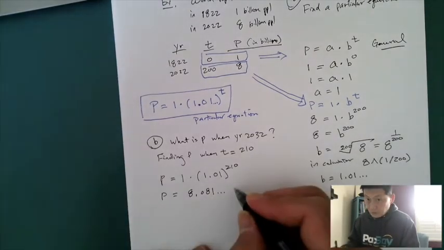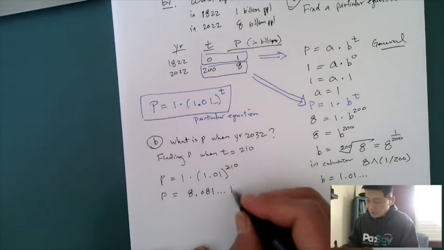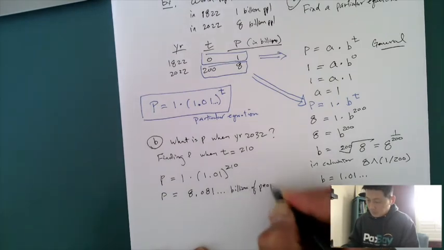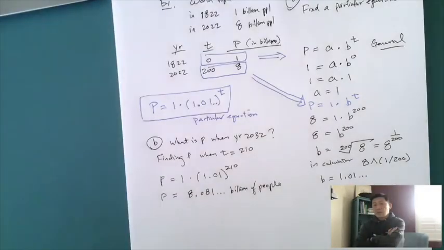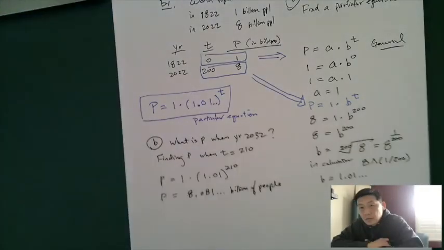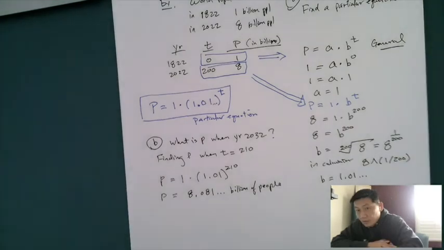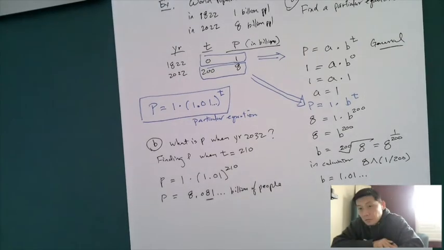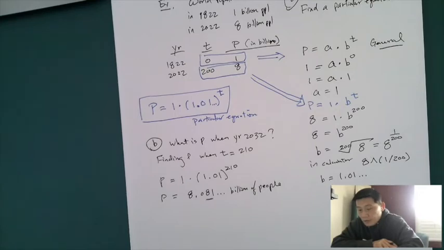Now, of course, you want to make sure you have a unit, billions of people. So that means in 10 years, you'll increase by close to 81 million people, right? This is the increase, because you grow from 8 billion to 8.081 billion. That's a lot of people.